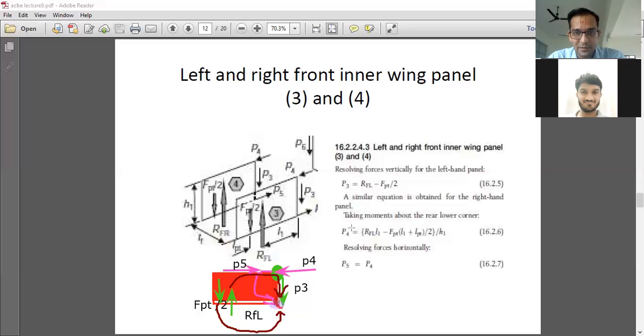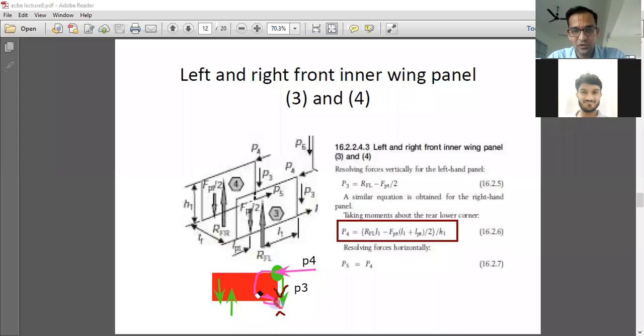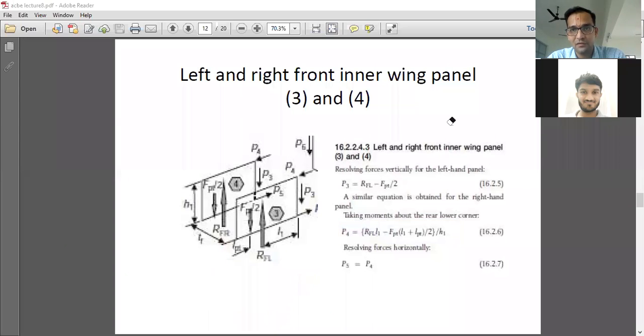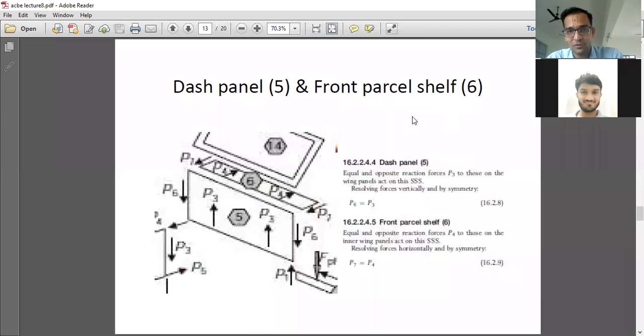So this is our expression: P4 multiplied by H1 is equal to this whole configuration. Now what is going to happen? After observing this, whatever loading condition is available for P3, similar will be available for P4. So you need to understand clearly that this is the criteria we are seeing for P3 and P4.